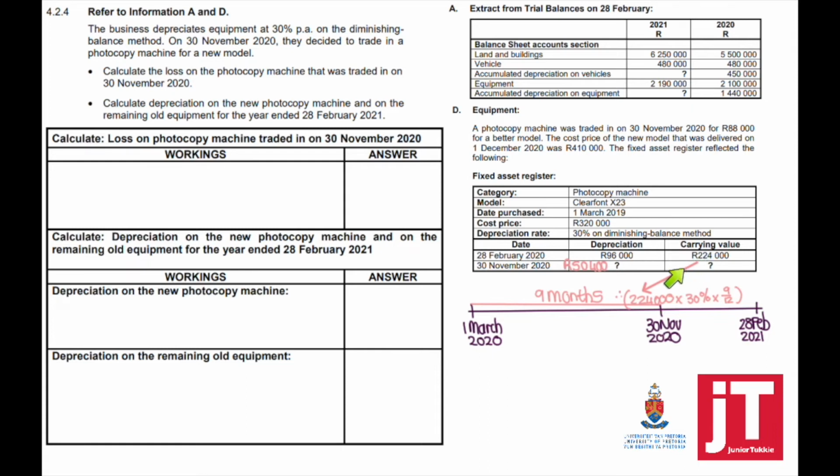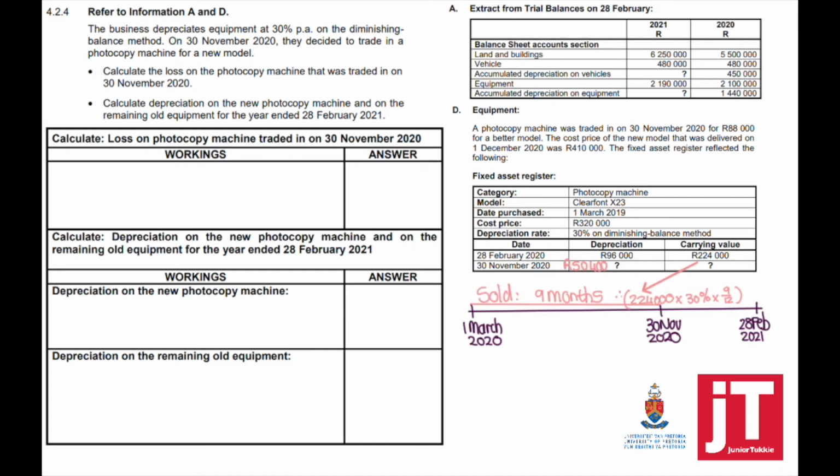So all we need to do is take 224,000 times 50% times 9/12. So this is where we make the mistakes by calculating the months incorrectly. In my workings, because it's just workings, there are different ways in which you can show your answer.